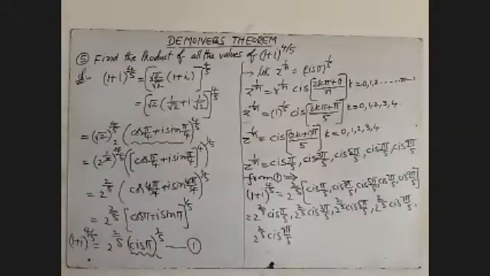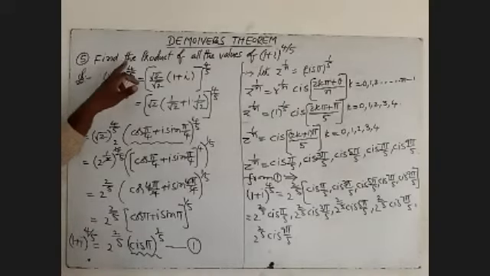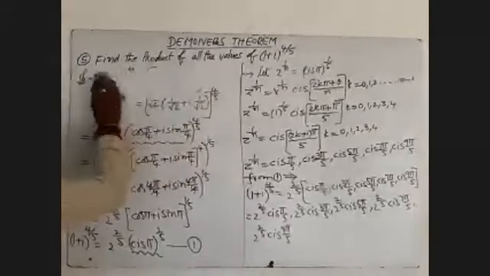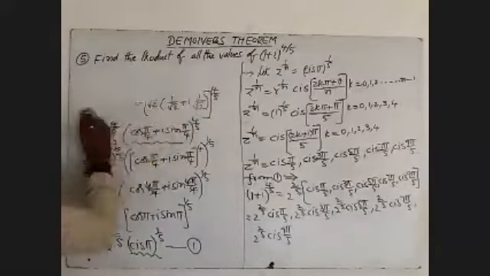But in this problem, what I am asking is to find the product of all the values of (1 plus i) whole power 4 by 5. We have to find out that one.